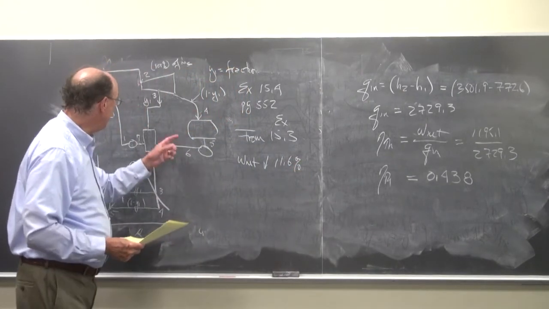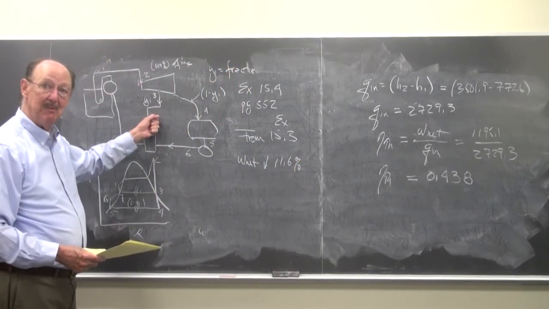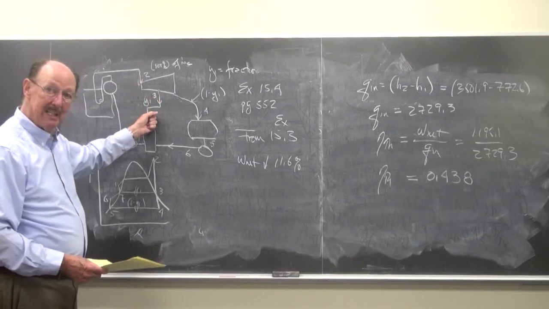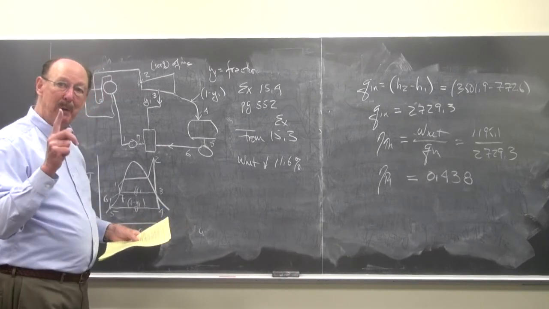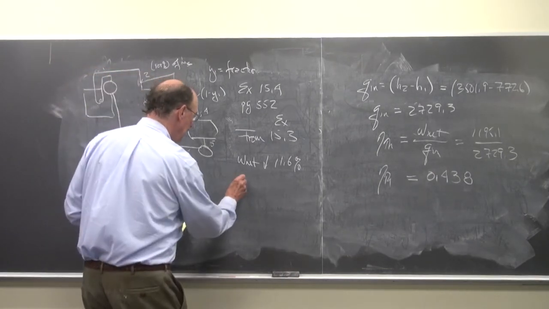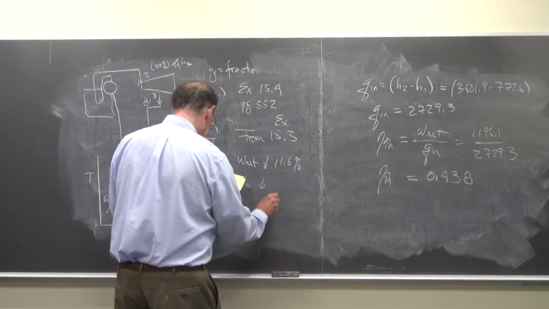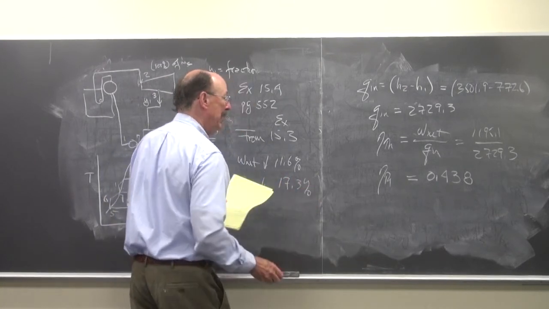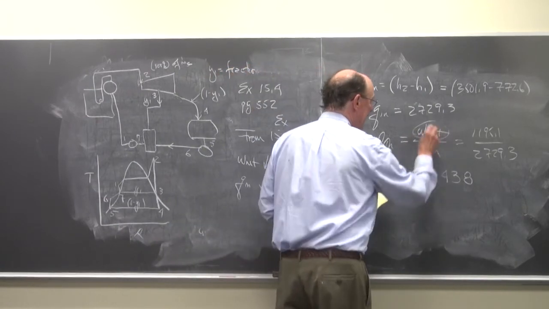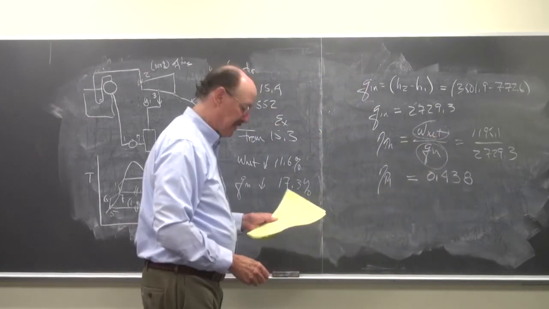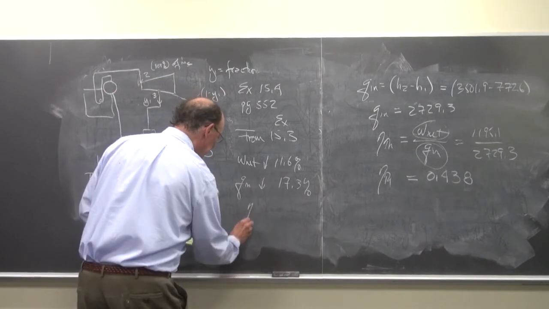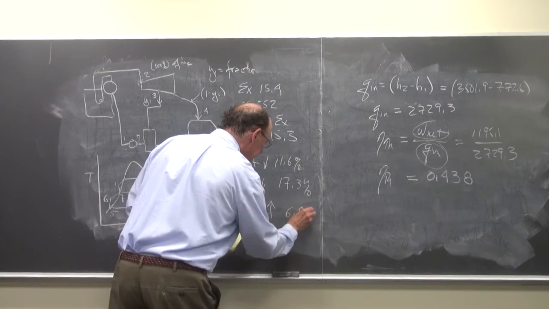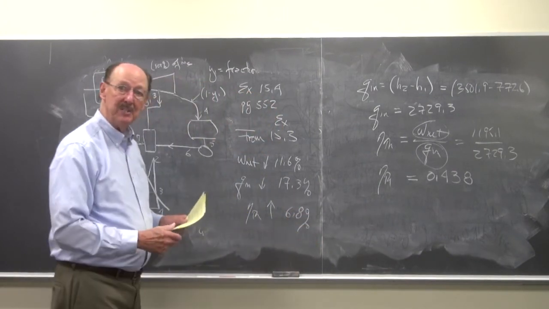Why? The work went down because I removed some of the steam. I didn't get as much work out of the steam entering. It went down 11.6%. But Qin went down 17.3%. So when I look at the efficiency, W net went down, but Qin went down faster, so the thermal efficiency went up 6.8%. So that's what regeneration does.